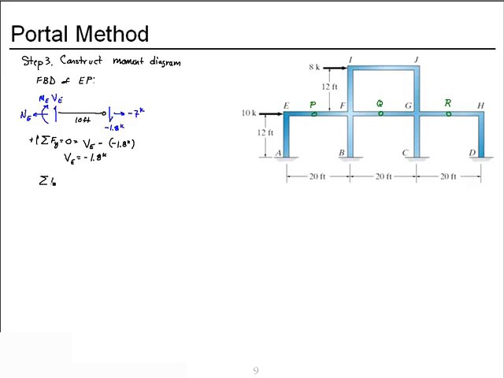Let's sum moments about point E. I'll choose clockwise as positive, and that gives me the unknown moment at E plus the minus 1.8 kips acting through 10 feet. So the moment at E, my moment diagram, will start at a plus 18 foot kips.